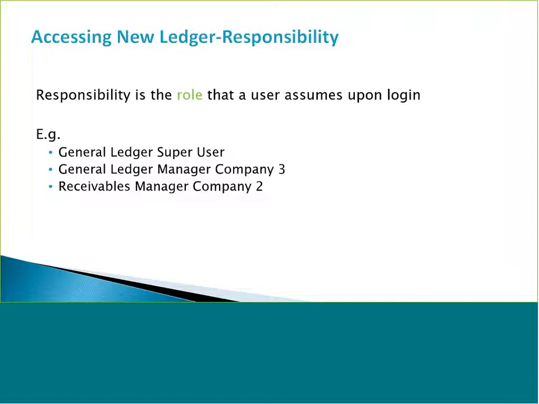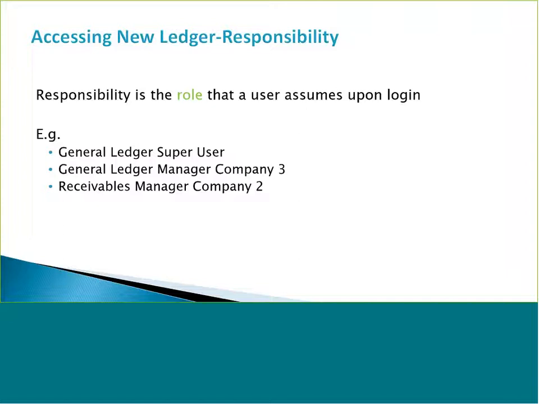Now, examples of responsibilities that can be linked to general ledger. You can have one responsibility called general ledger super user. Most of the time this responsibility is given to people like managers who are able to access all menu options under the GL responsibility.